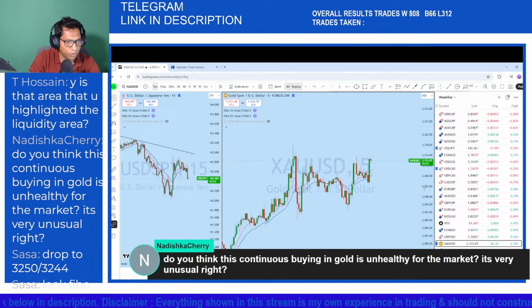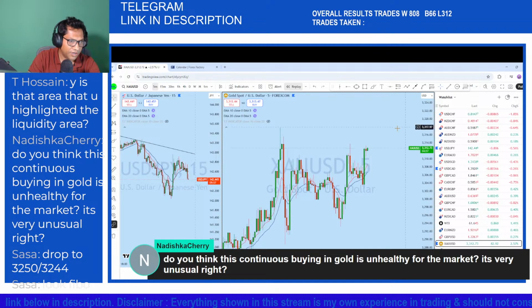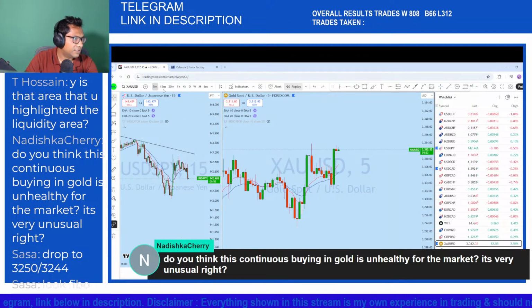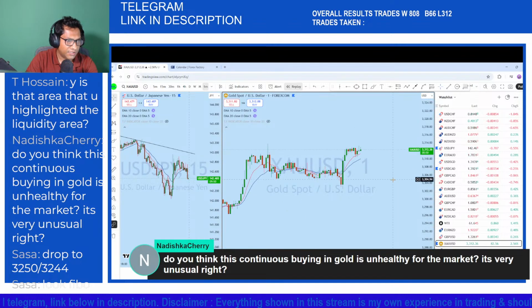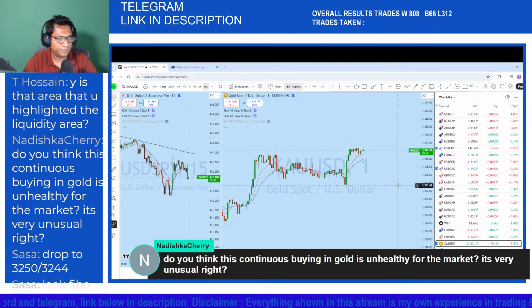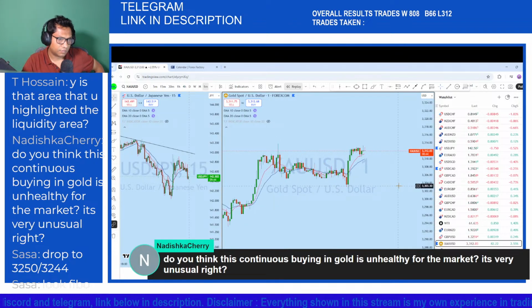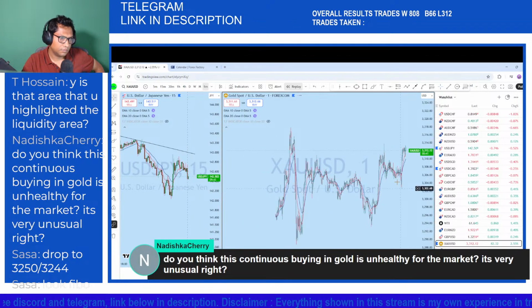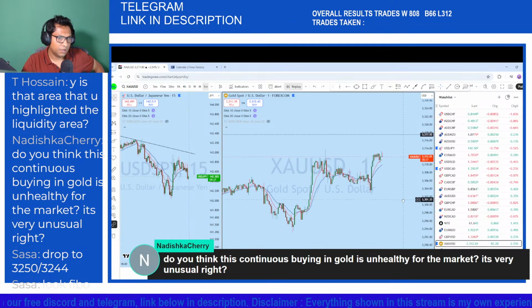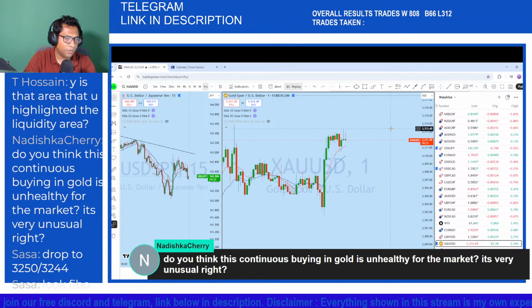Now the question is, we will be using this inverted head and shoulder possible move. Let's understand the price action here. This is the previous swing high here, 3317 level.